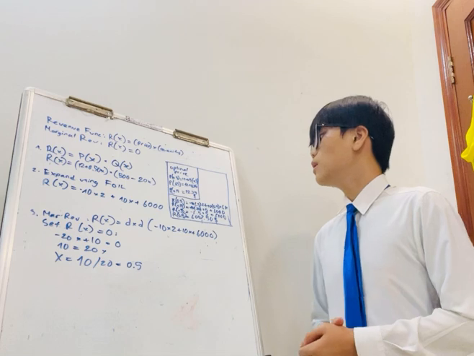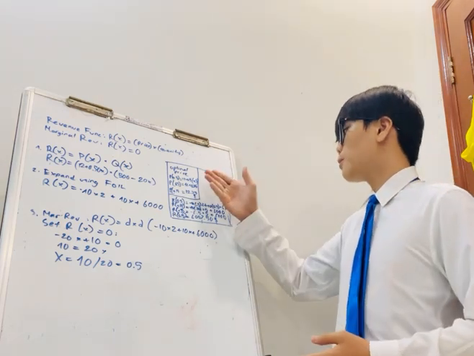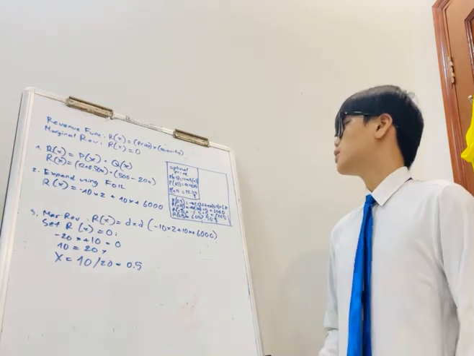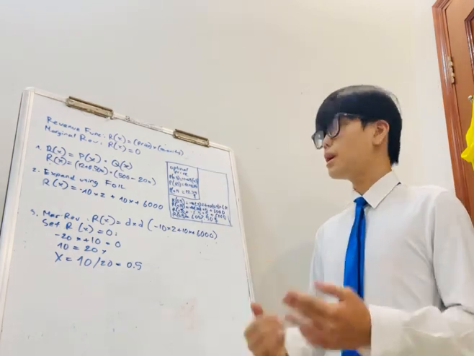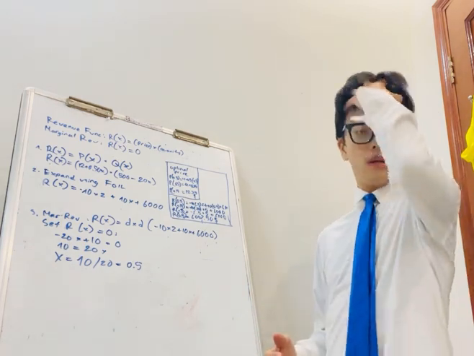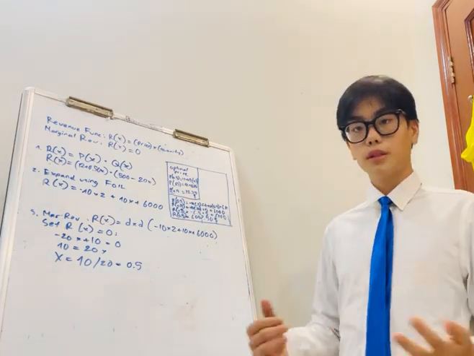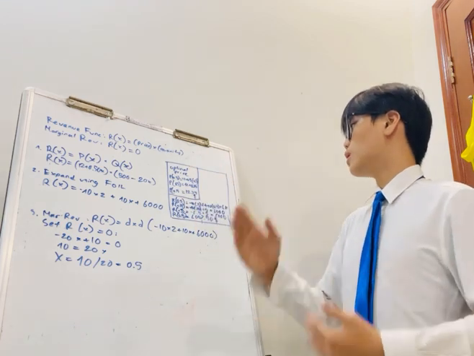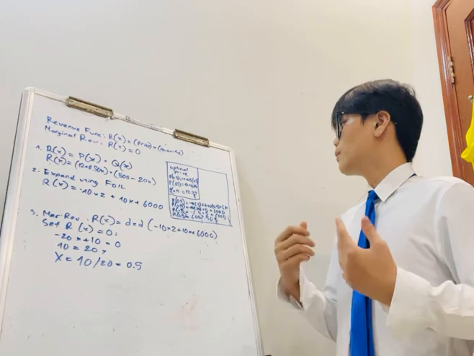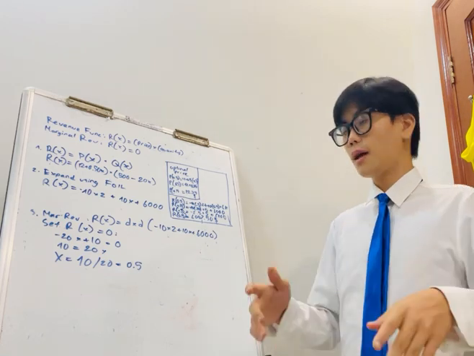Now I'll have to find the optimal price and how much revenue I would get at the optimal price. So the optimal price is P, as I chose in the last few weeks with the profit functions, P(0.5) equals 12 plus 0.5 multiplied by 0.5.